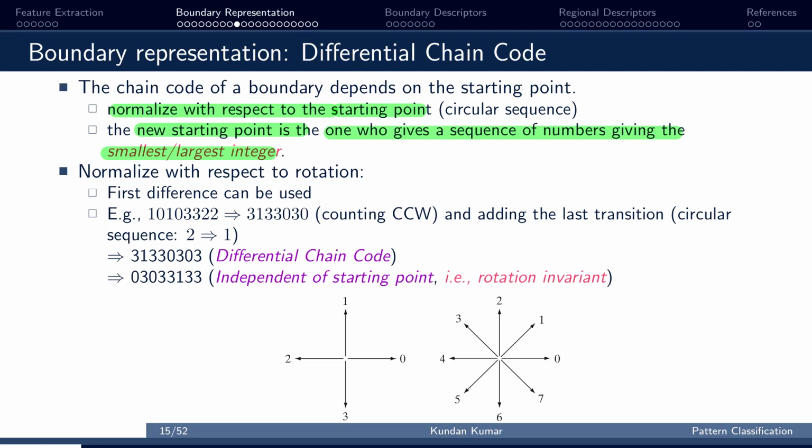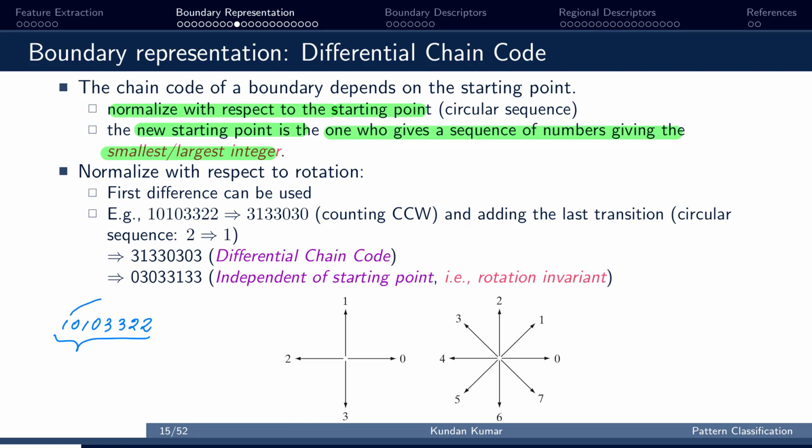So for example, suppose we have 1, 0, 1, 0, 3, 3, 2, 2. Suppose this is our chain code. So how can we write this chain code in circular sequence?